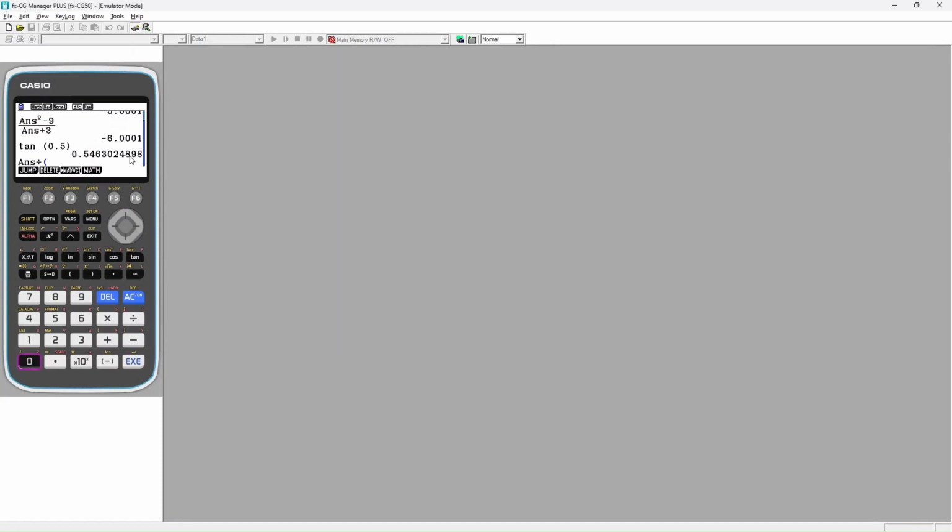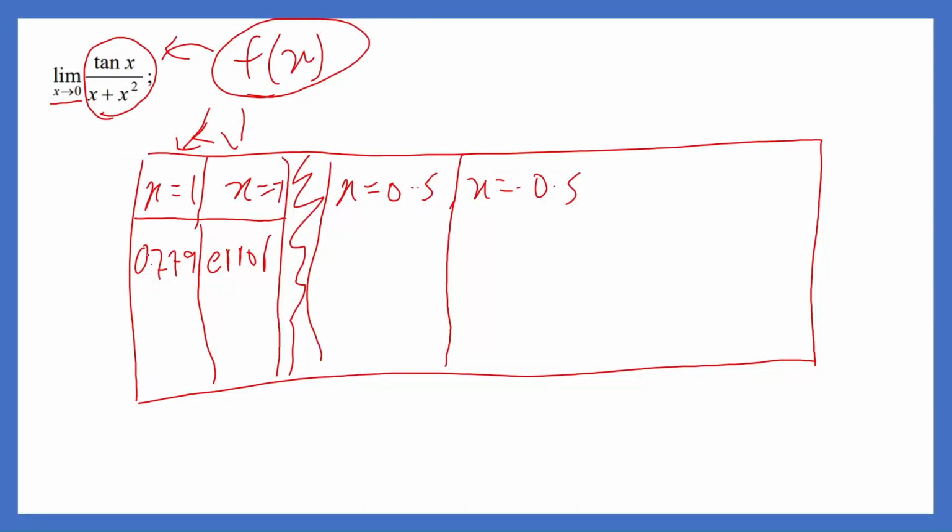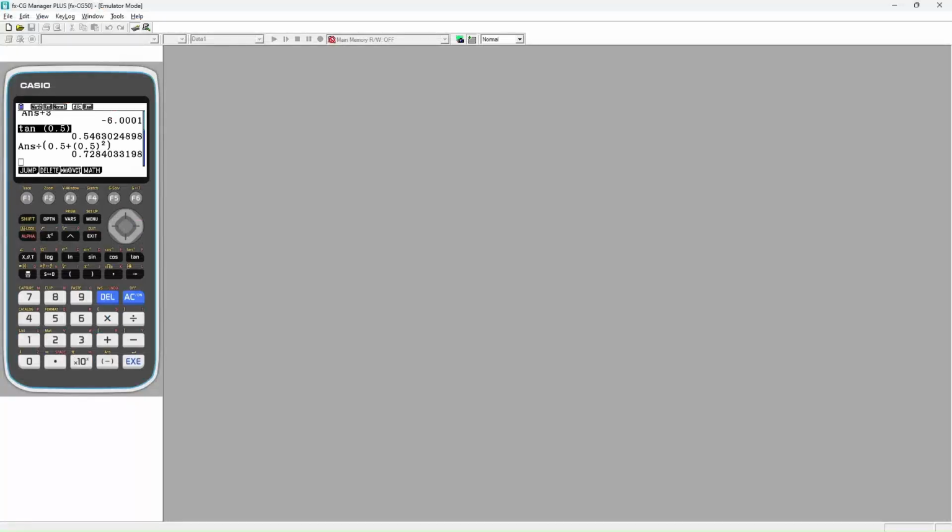Divide that by 0.5 plus 0.5 squared. I do that, I get 0.73. Now, if I put minus 0.5 over there, this will be minus 0.5, and then plus that squared will just be the same thing. So this is going to be 2.19.